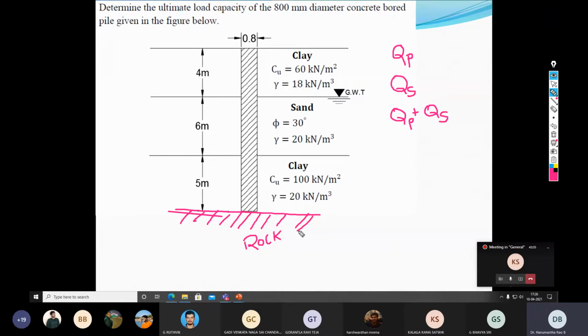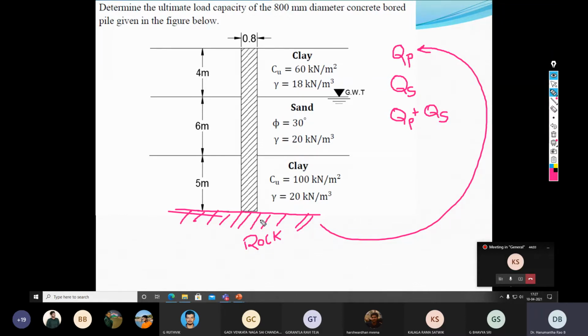Suppose, again I repeat, if the tip is resting on the hard strata, majority of the load will transfer only in the form of end bearing.